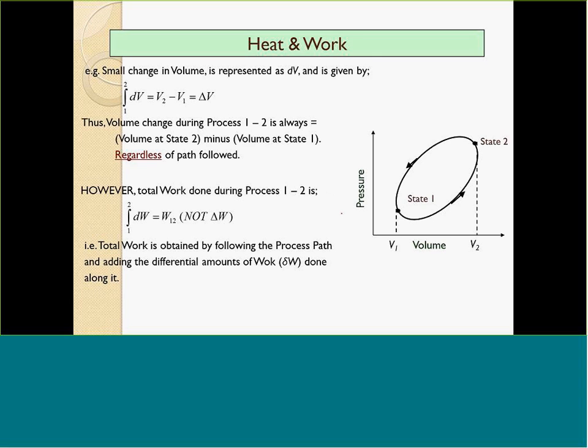Now, in the cycle of thermodynamics, for example, we're going to have changes in the volume. We discussed just now that it relates to the amount of area and amount of volume in three dimensions. So it is represented by delta V, or sometimes you put it as dV. That's why we're going to have integration.